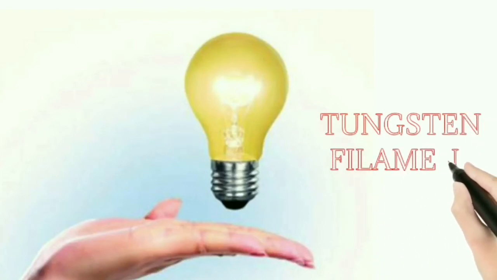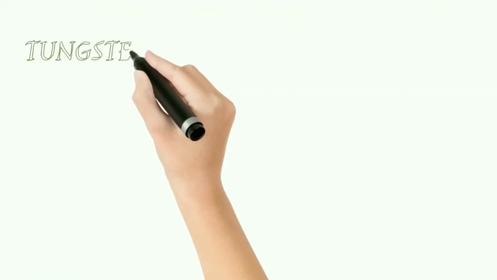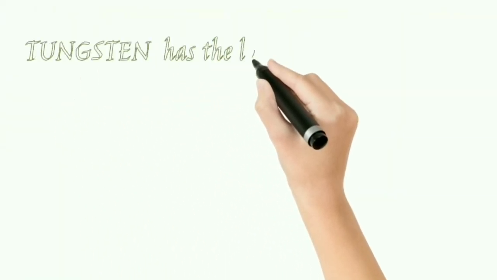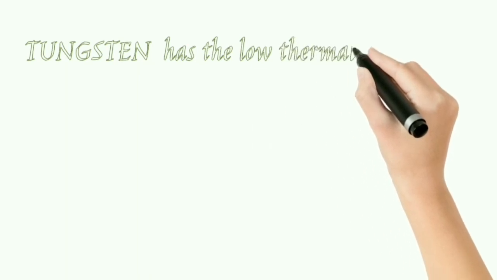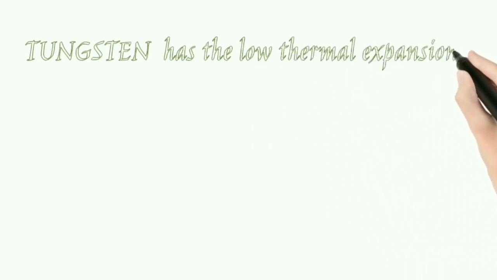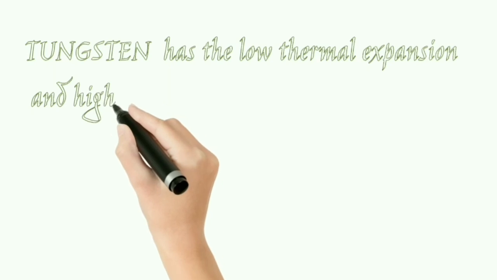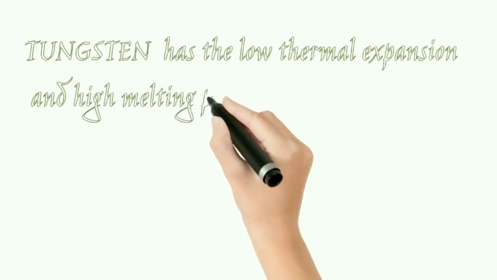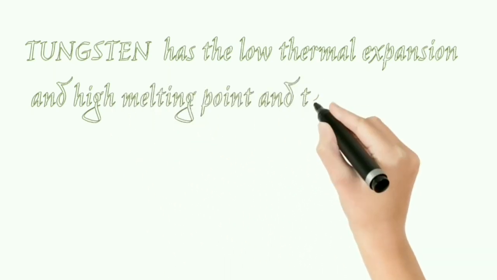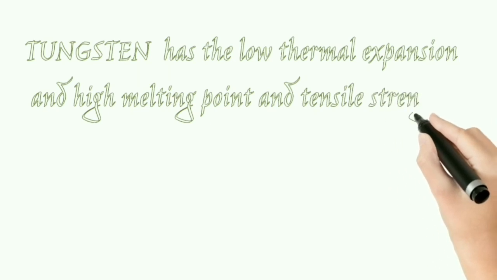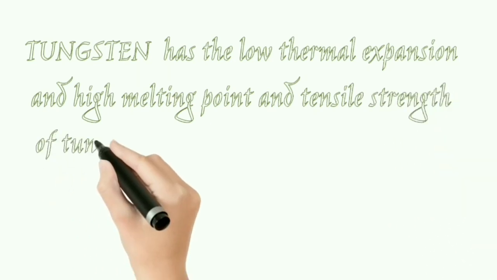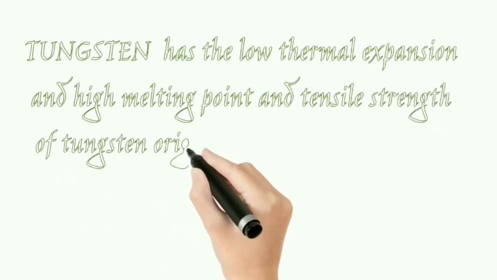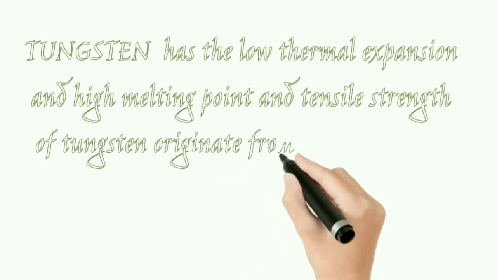Now let's see the reason why tungsten has the highest melting point and at the same time why it is used in the bulb. It has low thermal expansion; it never expands when heating. Second, it has the highest melting point, 3414 degrees Celsius, and more than that it has high tensile strength.